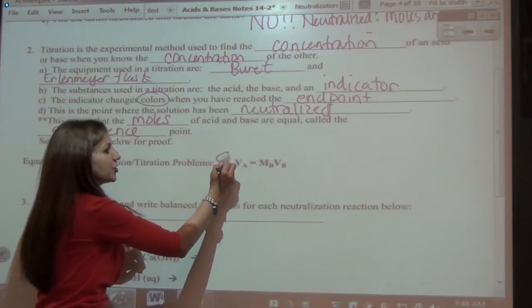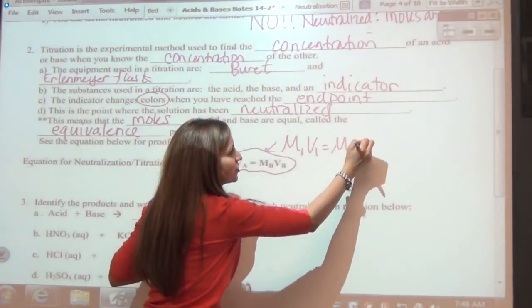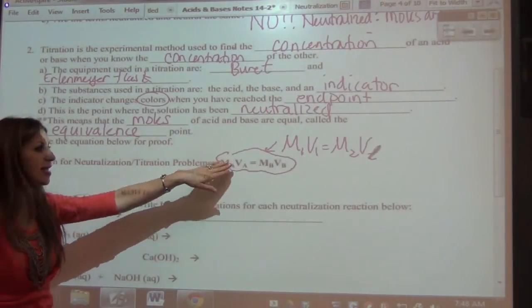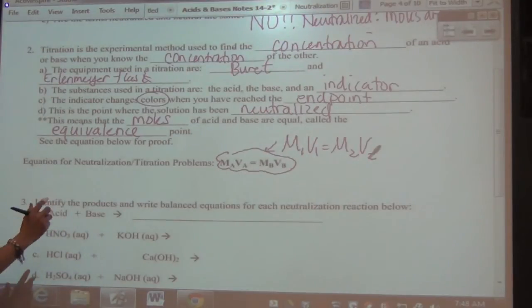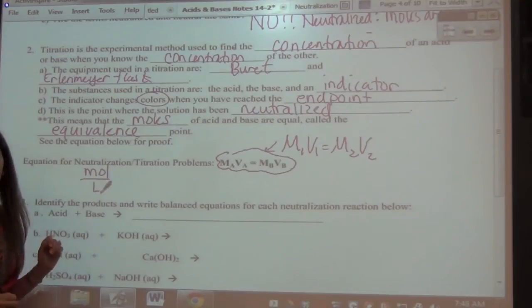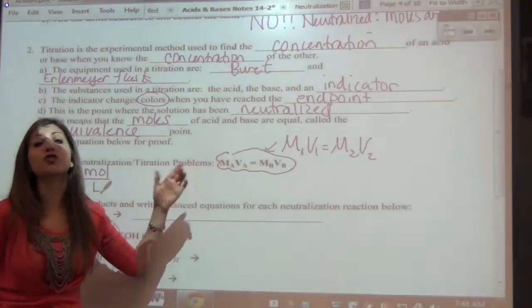So see the equation below for proof. You can see that it looks like M1V1 equals M2V2. Okay? So it's just another ratio or another proportion. Same thing. We're going to use it exactly the same way that we did before. So these problems should be really easy. Watch what happens. Molarity is moles per liter, right? Times what unit of volume should we be using?